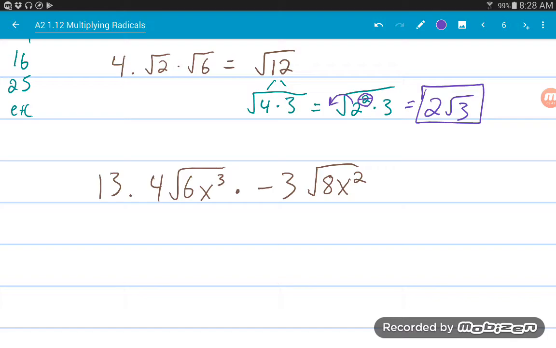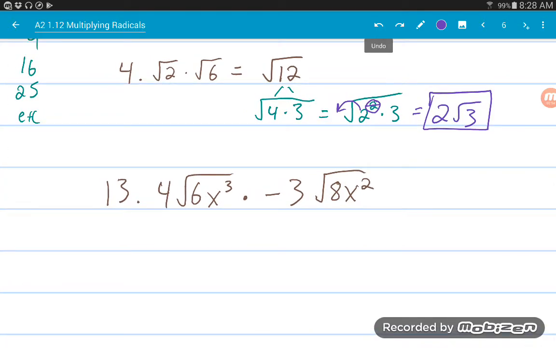On the last example, I picked number 13 because it looks a lot more complicated because it has these numbers in front. Those numbers in front are coefficients. When you have coefficients, you just multiply them times each other as well.